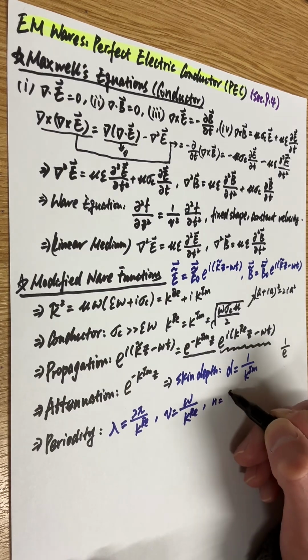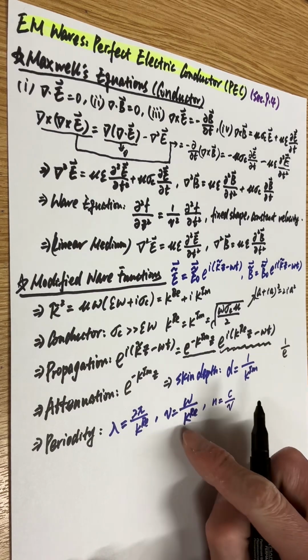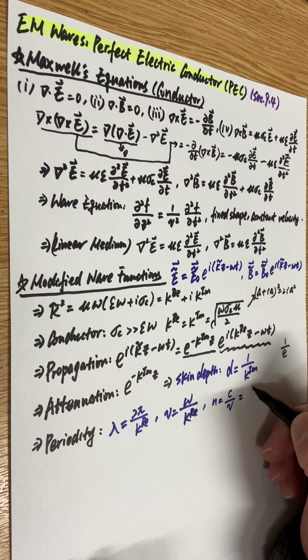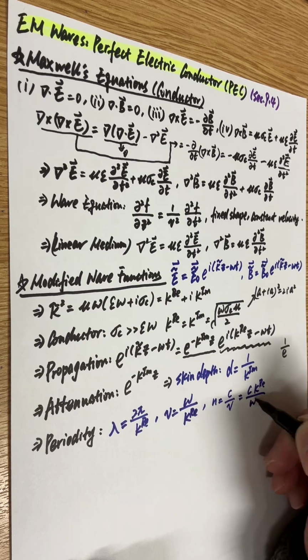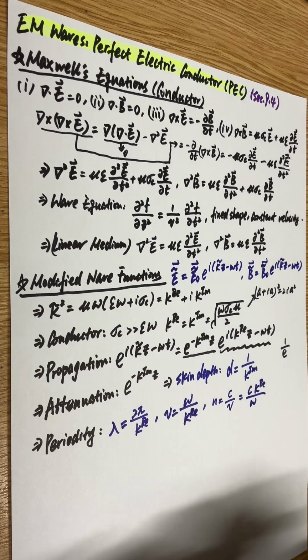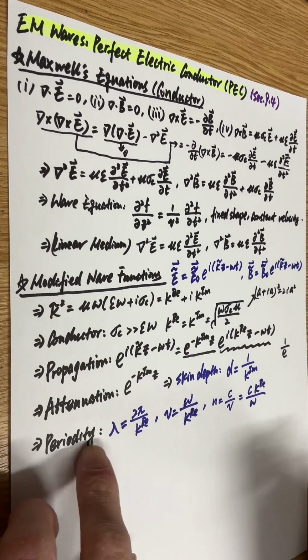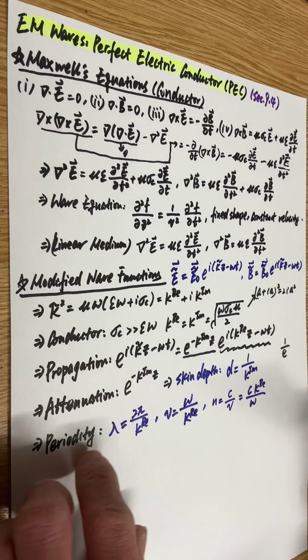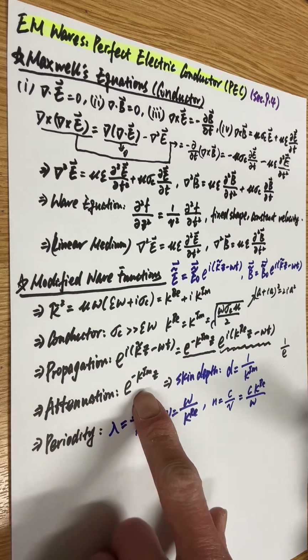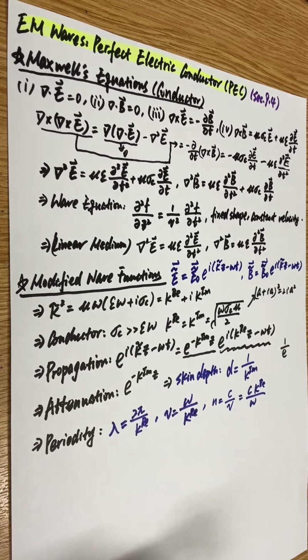This should equal c divided by v, and v is given by this, so we have c times the real part of kappa divided by omega. So the real part of kappa determines the periodicity property of the wave function, and the imaginary part of kappa determines attenuation.